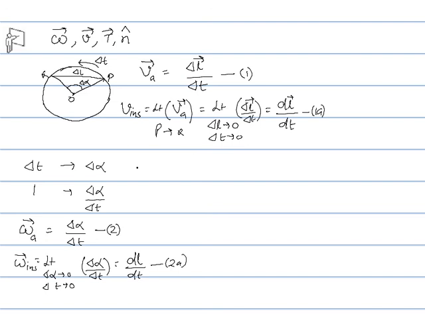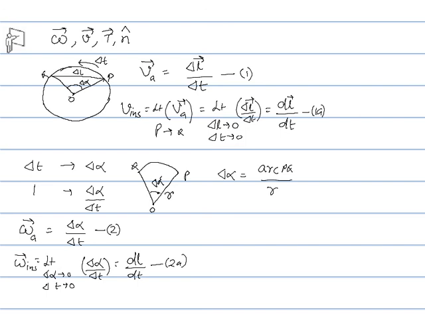Now this is the arc PQ, which subtends an angle delta alpha, and this radius OQ is r. From the geometry we know that delta alpha is arc PQ by the radius.